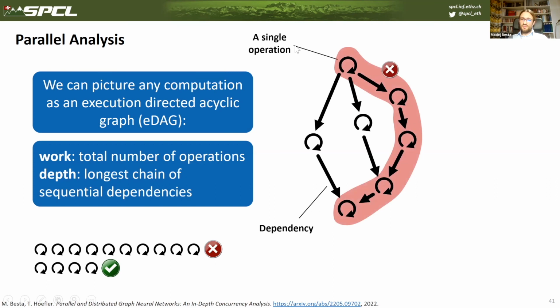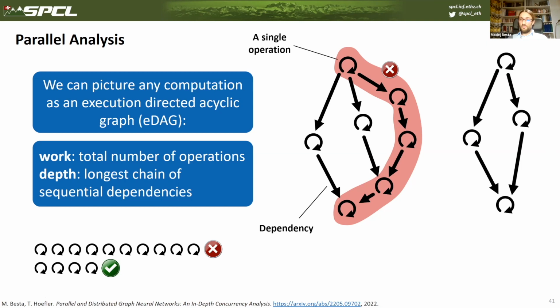In this particular example, we can see that there is a certain part of this DAG which is really long and would become a bottleneck for our computation. In this view, we would like to minimize it by, for example, somehow eliminating this subpath of this execution, and have something which comes with much lower depth. An important takeaway from that slide is that these two properties, work and depth, are properties of a given execution, but also of a given, for example, GNN model.